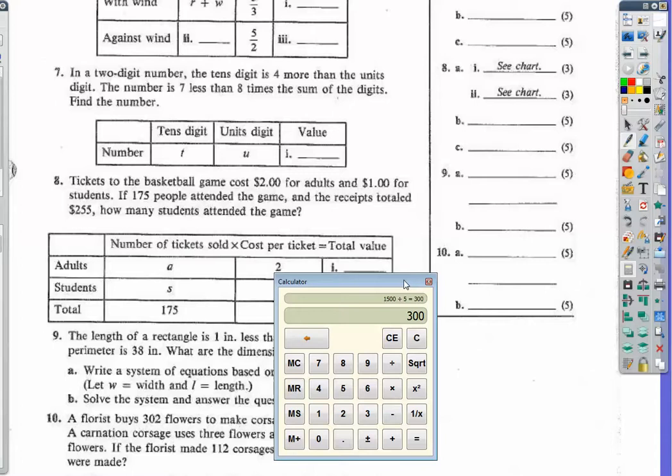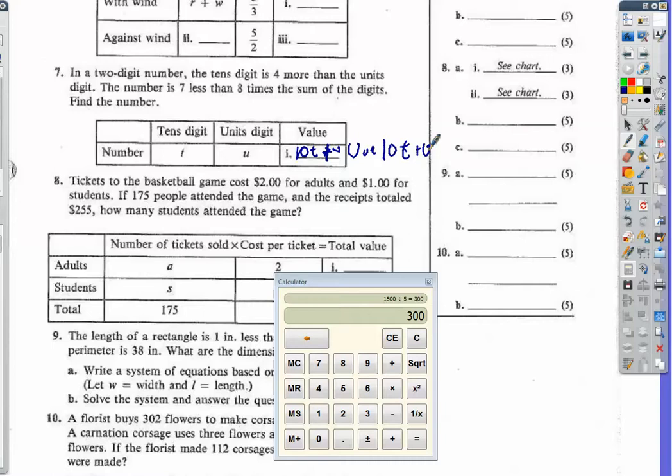So my table, we know that the tens digit is just going to be 10t, just like we've been doing a ton of times. So the value is going to be 10t plus u.